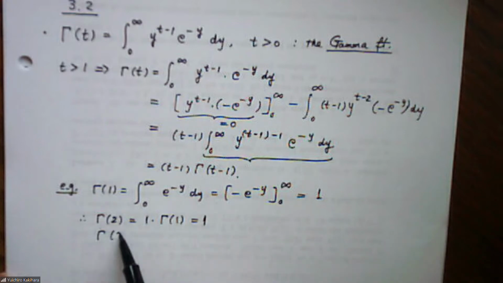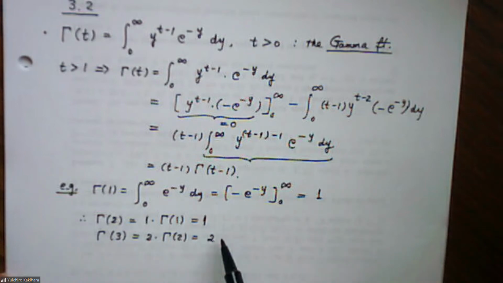Gamma of 3 is 2 times gamma of 2, which is 2, and you can write this as 2 times 1, or 2 factorial. So in general, gamma of n, where n is an integer, is n minus 1 factorial. So that's what we can have.